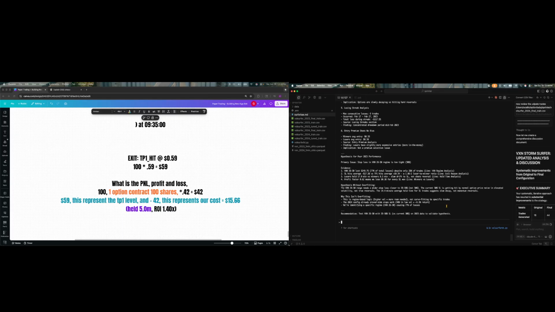The SL hit average was $17.38 versus the take profit average of $9.34, a 1.86 to 1 loser to win ratio. Okay. The VIX 26-30 regime needs a wider stop loss closer to 35-38, not 30. The current 30 stop loss is getting hit by normal option noise and elevated volatility and not a true reversal.